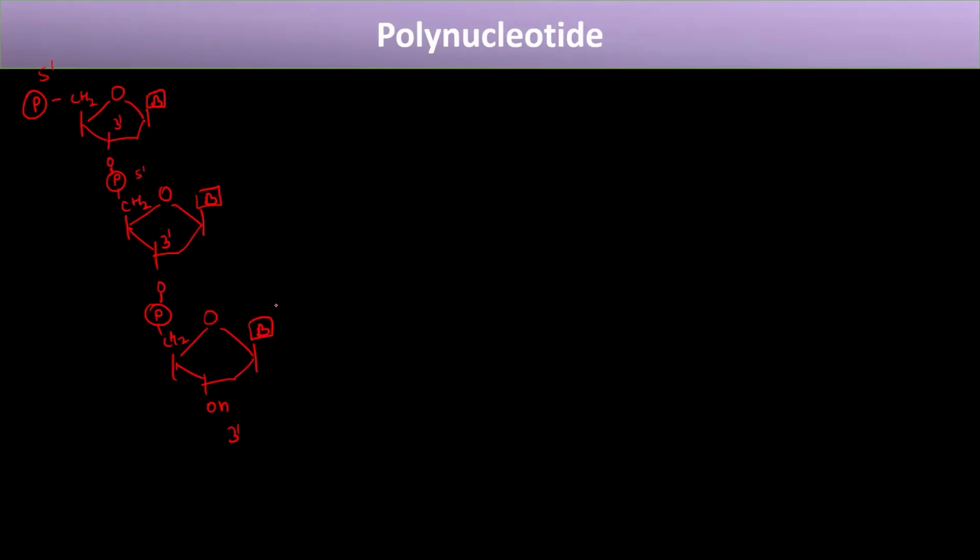But what we are seeing here is that this polynucleotide will have a free 5 prime end. And what do we have at the 5 prime end? We have a phosphate group.